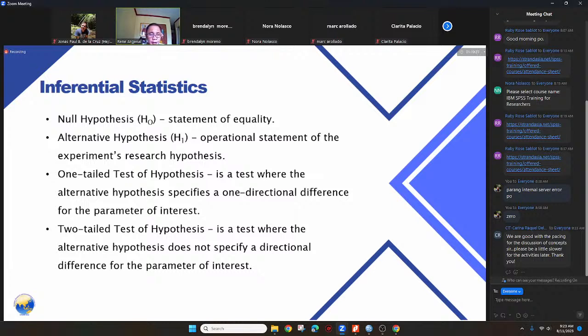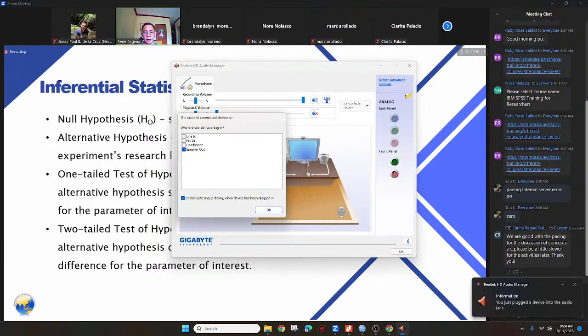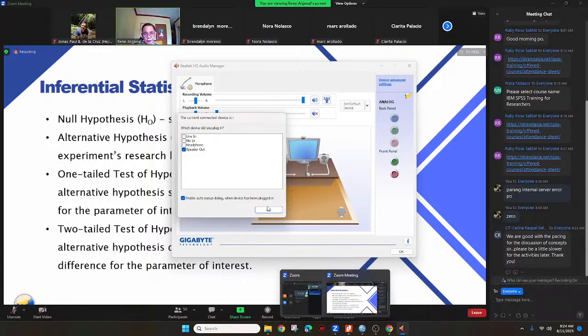Your alternative hypothesis is there is a significant difference between the average IQ scores of the students coming from provincial high schools and city high schools. You do not specify which is greater or which is lesser, so that is non-directional. Non-directional is two-tailed.